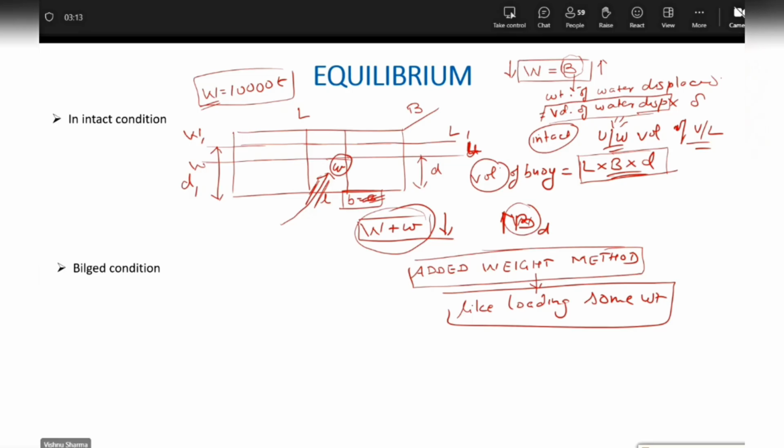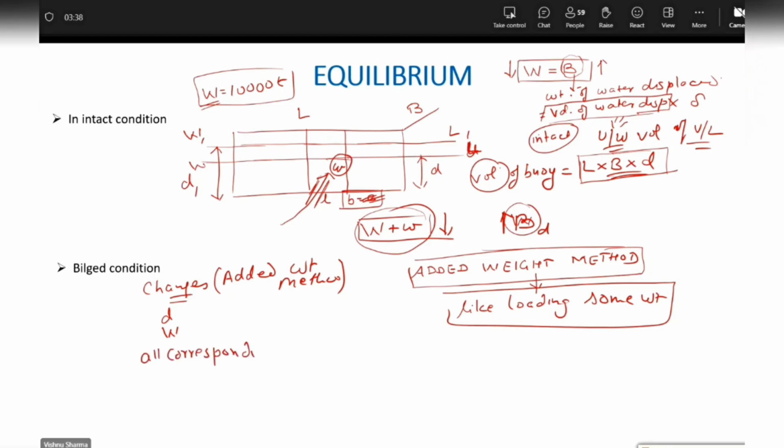What happens? First thing, the draft changes. Under the added weight method, the draft changes. Displacement changes. All corresponding hydrostatic particulars also change.